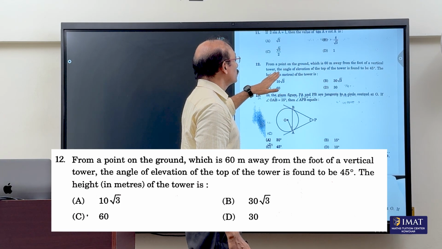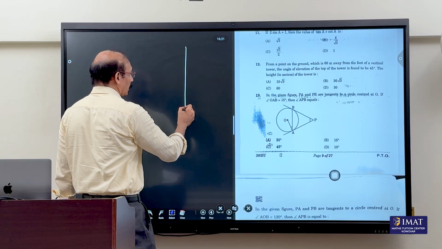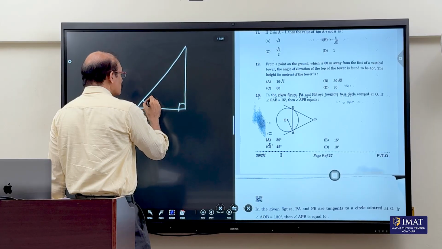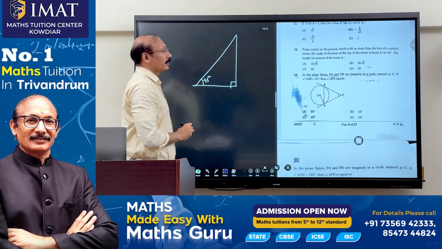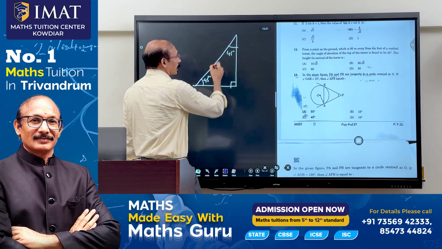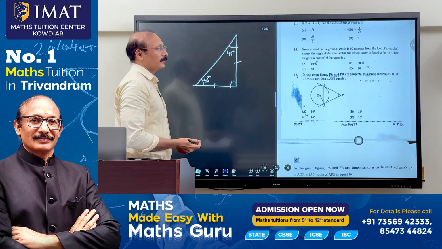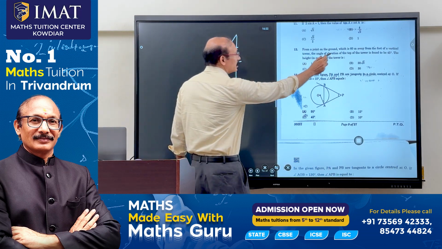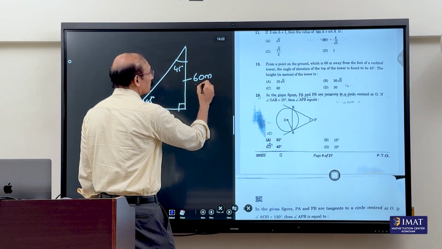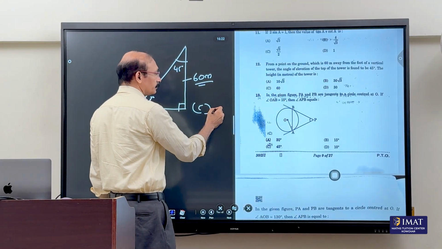Then the height of the tower is, see, when one angle of a right triangle is 45 degrees, the triangle will be isosceles, which means these two sides must be equal. The question says it is 60 meter away. So if this is 60 meter, definitely this will also be 60 meter, and this becomes the height of the tower. So the option is C.